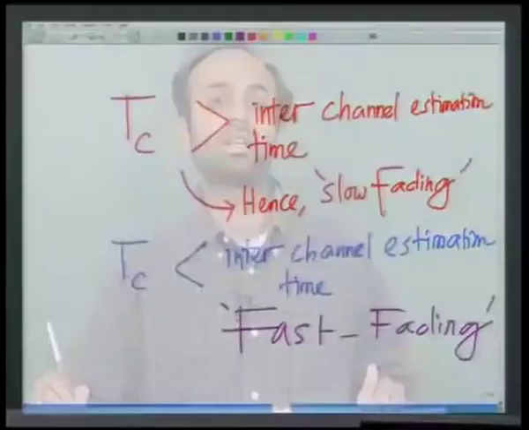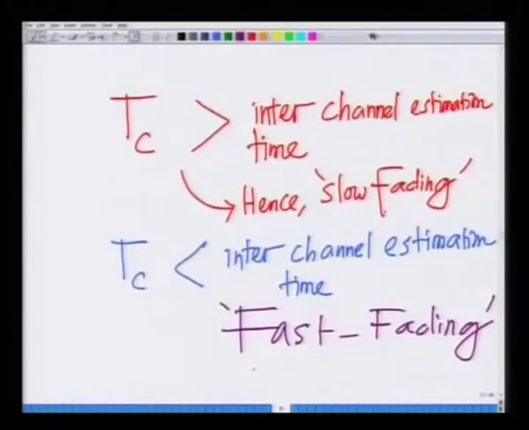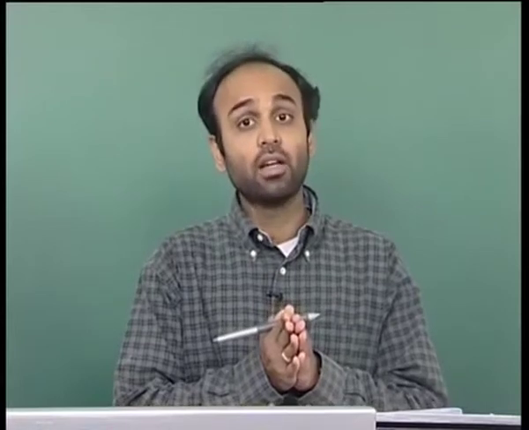Remember, we said something like this before in the case of coherence bandwidth. We said if the delay spread is greater than the symbol time, then the channel has intersymbol interference, which causes distortion at the receiver.